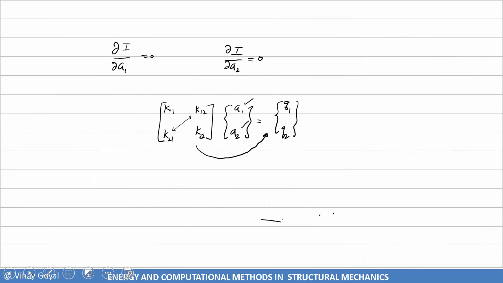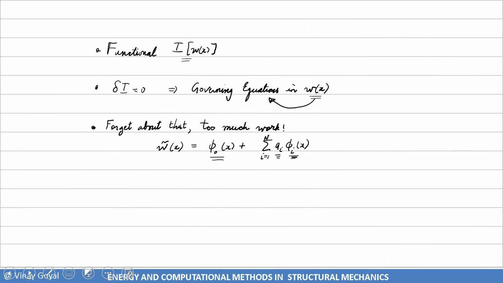And you can add more and more terms, but all that's going to do is cost more work, although the computers will take care of that. Plug in W tilde in I, and now I becomes a regular function.